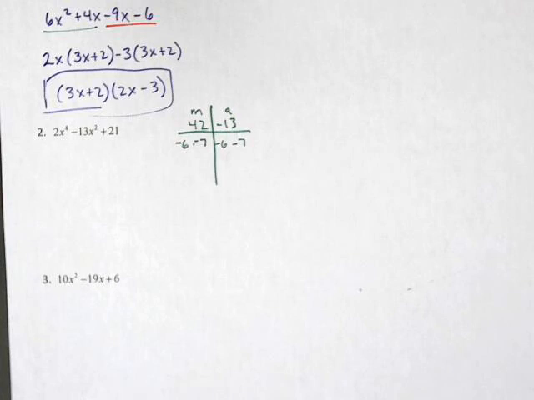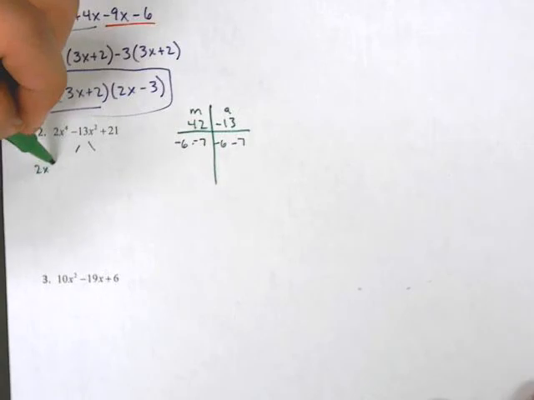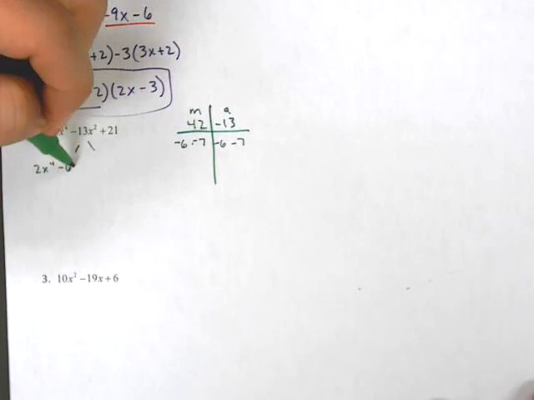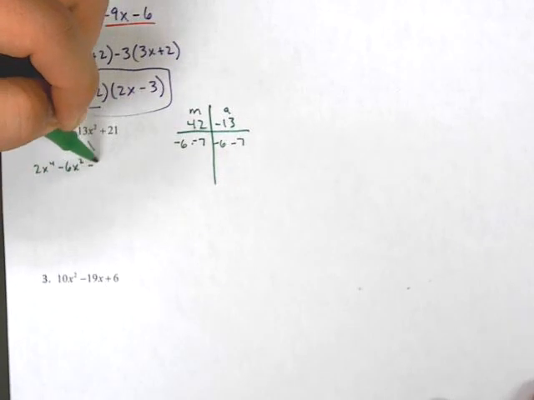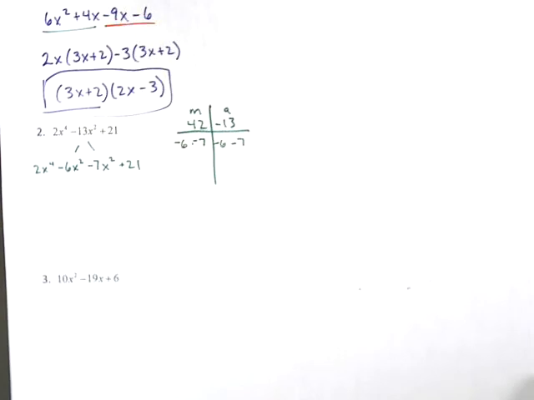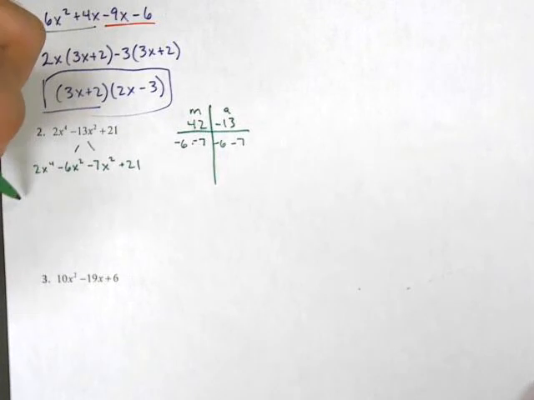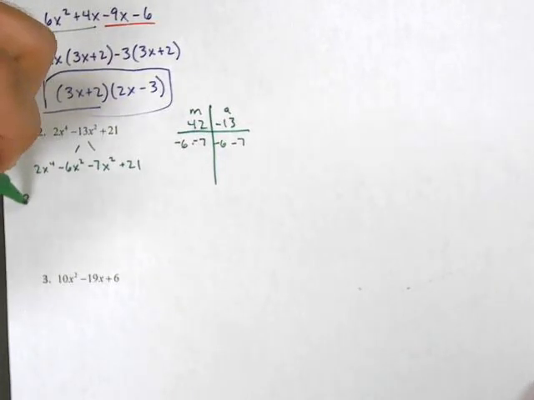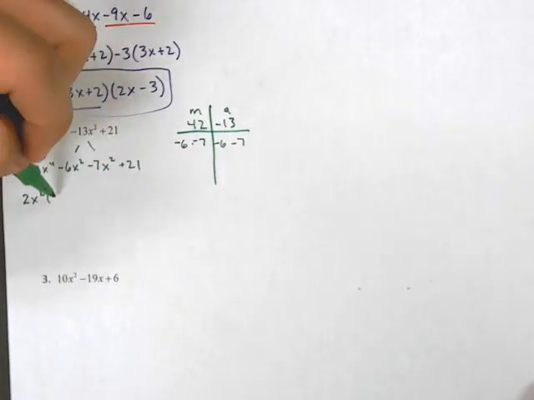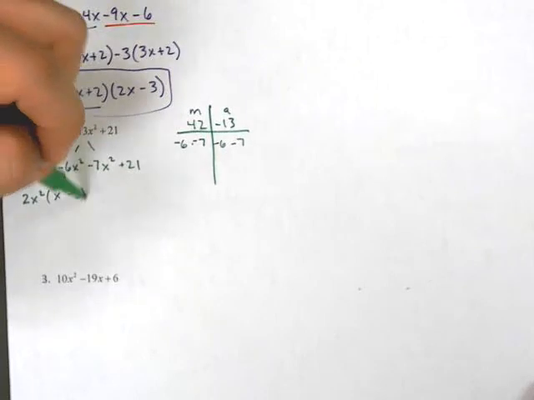to be negative. So we're going to split the middle to 2x to the fourth minus 6x squared minus 7x squared plus 21. I'm going to look at my first two terms. I can take out a 2x squared, which leaves me with x squared minus 3.